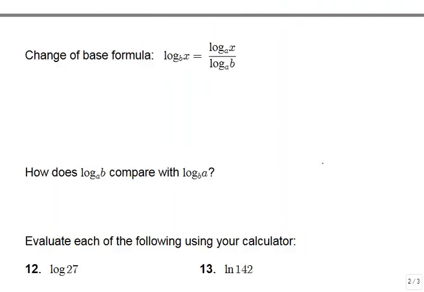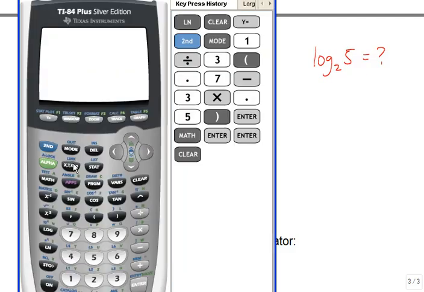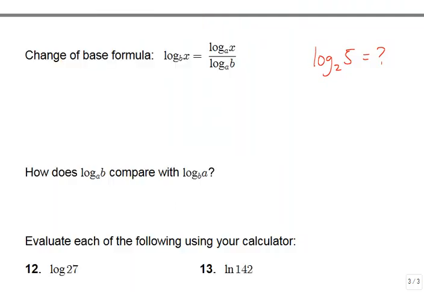So if you needed to know, for example, log base 2 of 5, and you needed to know what decimal that was, there is no button on our calculator that lets us do a log base 2. So the way to get around that is to use this thing called the change of base formula.